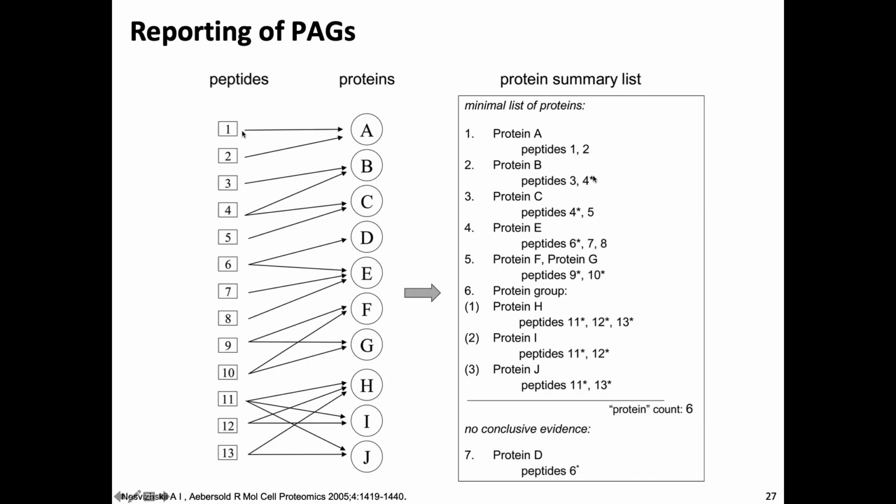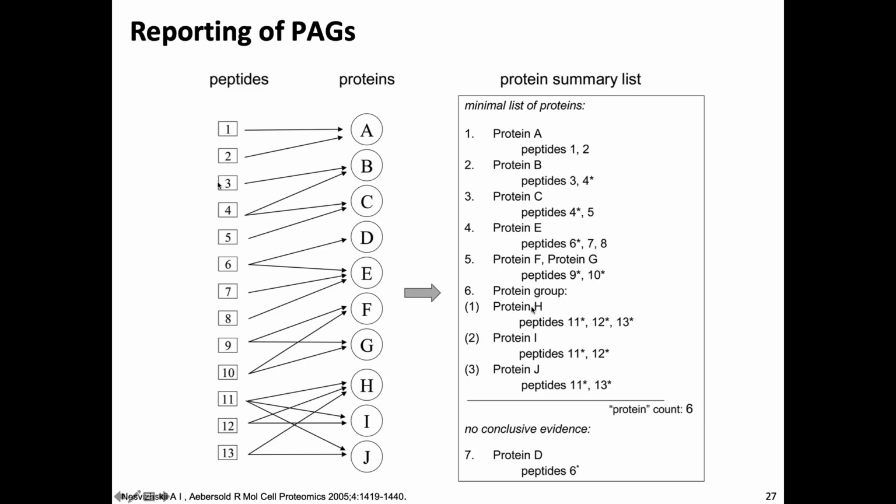And now we have the first ambiguity. Here we have already a mark there that says, well, 4 also supports protein C. But we are sure that protein B and protein C are both in there because they have support from unique peptides, namely from 3 and from 5. So that is fairly simple, but then we run into cases like this, where we have a protein group.